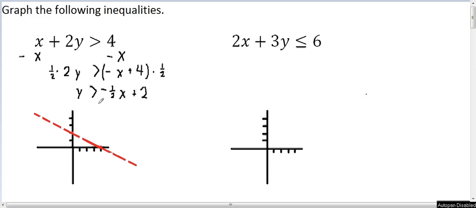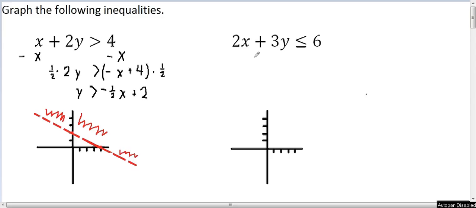So I end up with the inequality 0 is greater than 2, which is false, which means we need to color the other side, or the other half plane. And this represents the solution to this inequality, y is greater than minus 1/2 x plus 2, or equivalently, the original inequality x plus 2y is greater than 4.